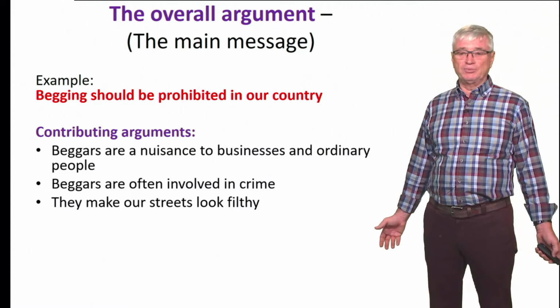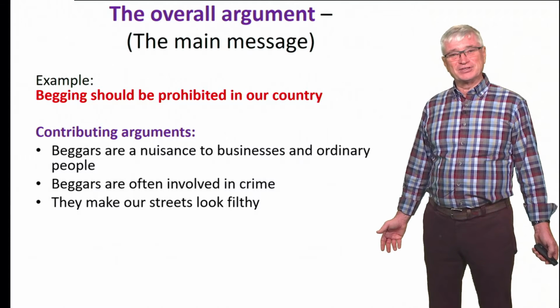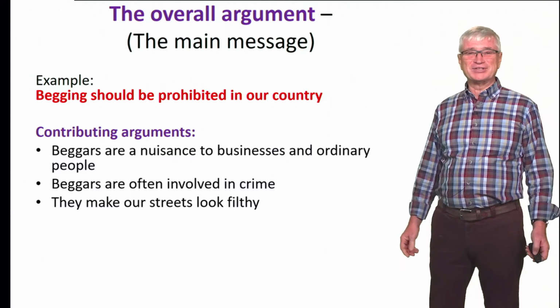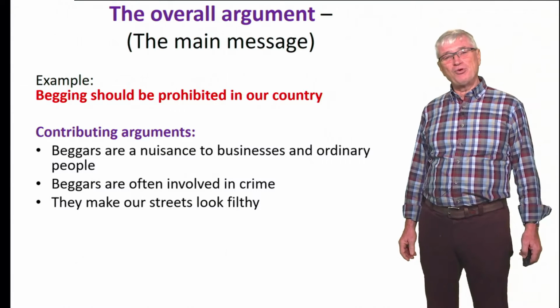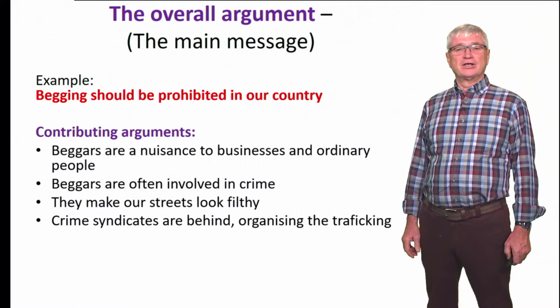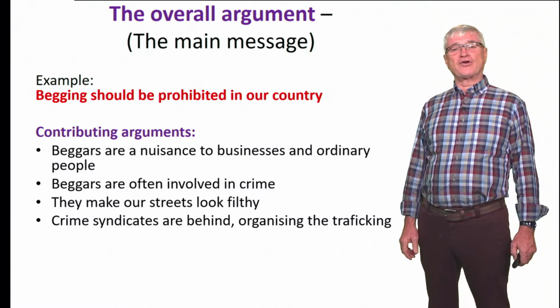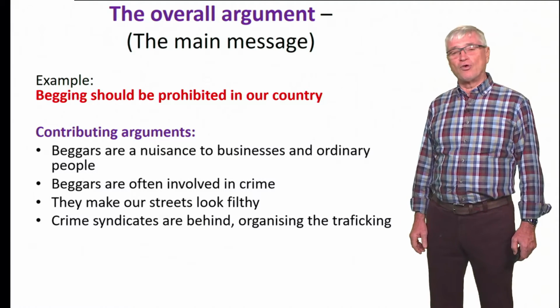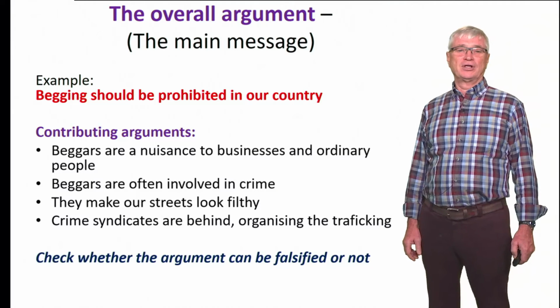These are arguments. Now they are not very substantiated, so you have to bring in some information to support your arguments, but nevertheless, these are arguments. You can also say that crime syndicates are behind organizing the trafficking.